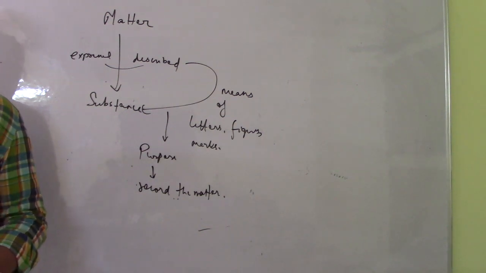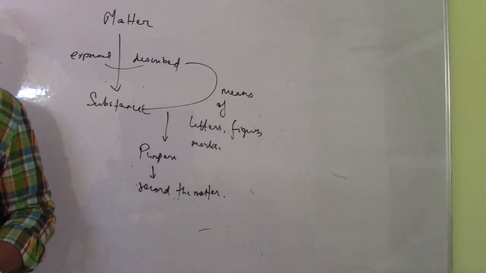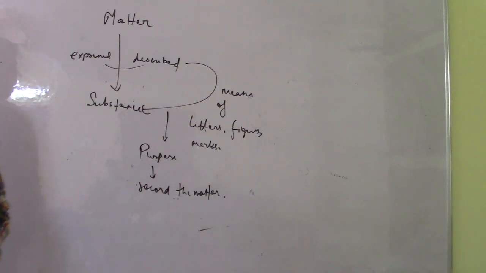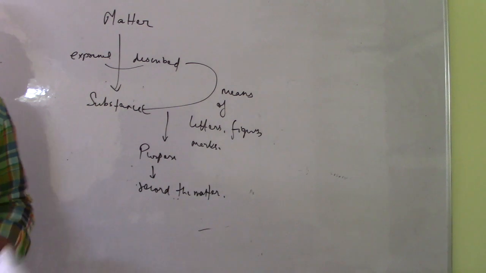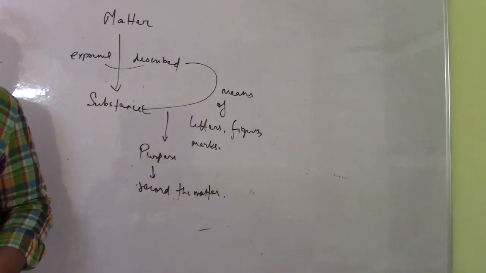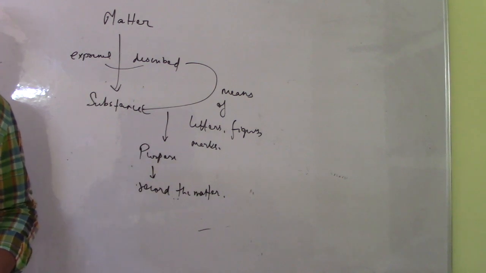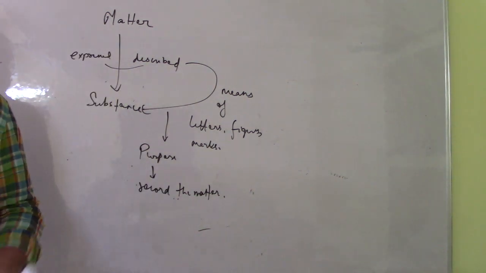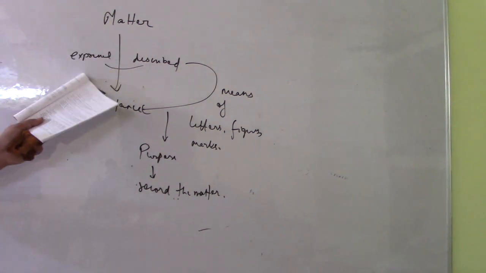That is a rock. Yes. Isn't it? But that rock is a substance, and on that substance something has been engraved. So when you are engraving something, you are describing. That is what description means. But if you are just using paint to write something on it, then that is expression. So that's the difference between expression and description.